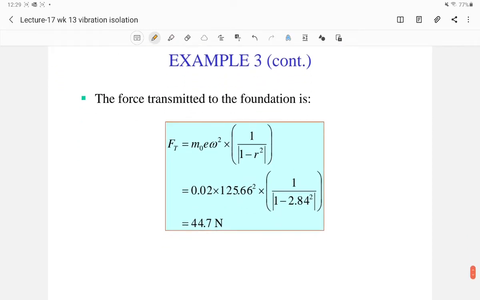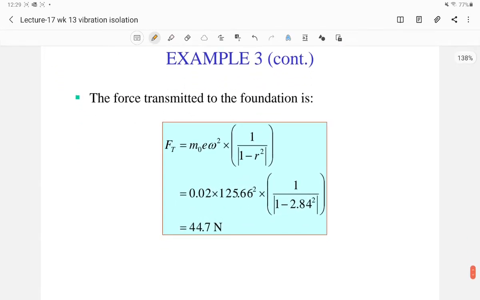The second part is you are asked to calculate the transmitted force. So basically once you get your transmission ratio, you can actually calculate the transmitted force. So in this case, it's 44.7. So it's easy.